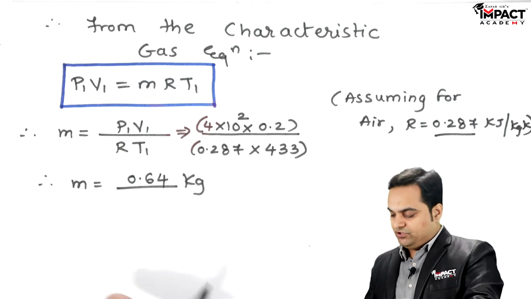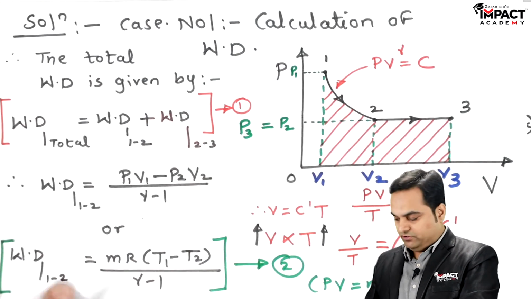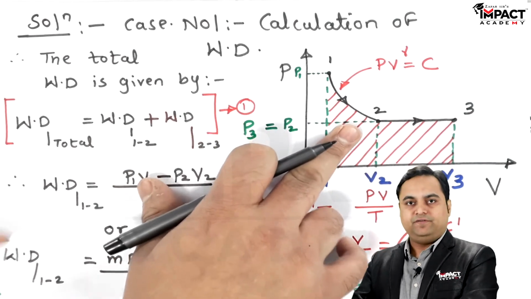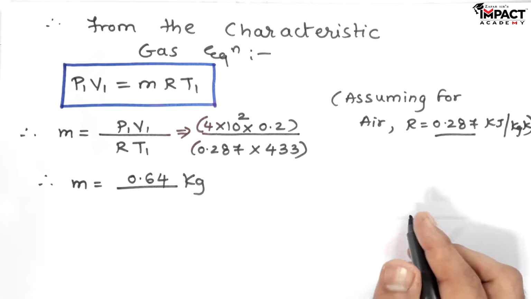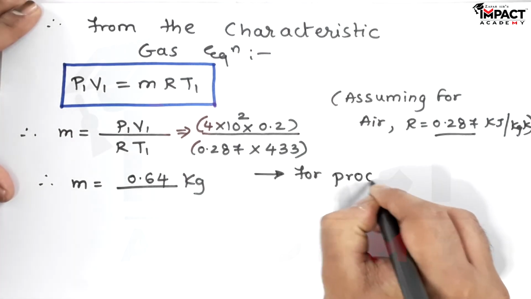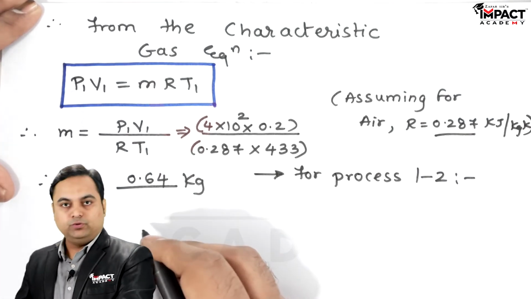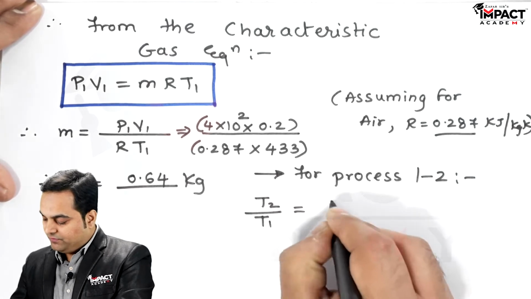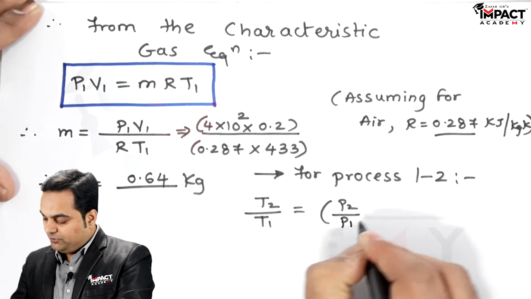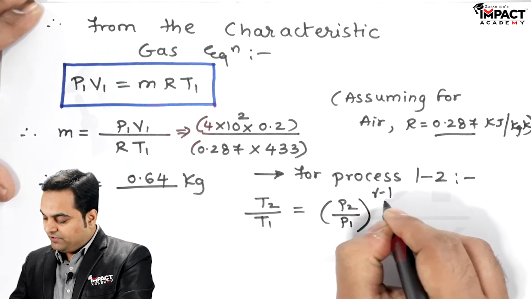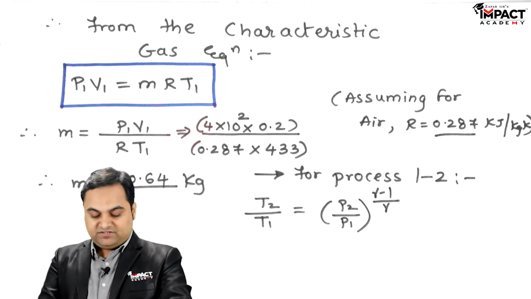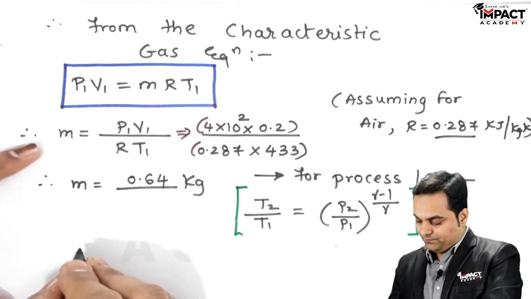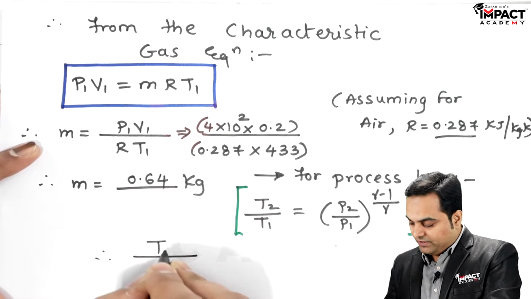Then in equation 2, when we are calculating the work done during process 1 to 2, T2 is the unknown. So for that I can use the relation for the isentropic process, for process 1 to 2, that is reversible adiabatic or isentropic process, T2 upon T1 is equal to (P2 upon P1) raised to (gamma minus 1) upon gamma. That's the standard relation for an isentropic process, and therefore T2 is what we have to calculate.